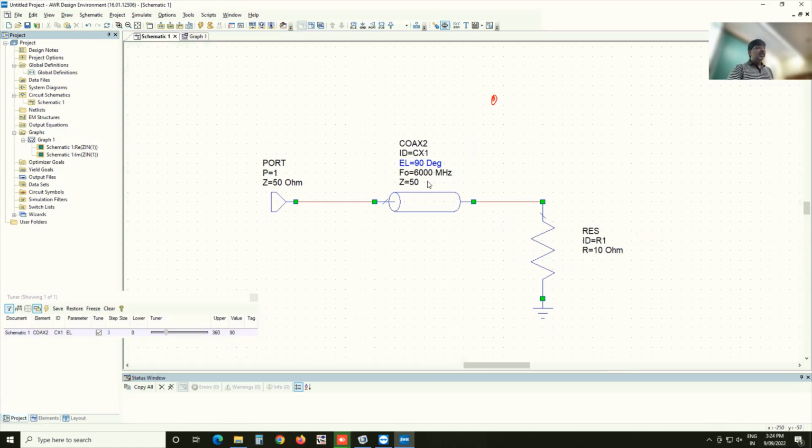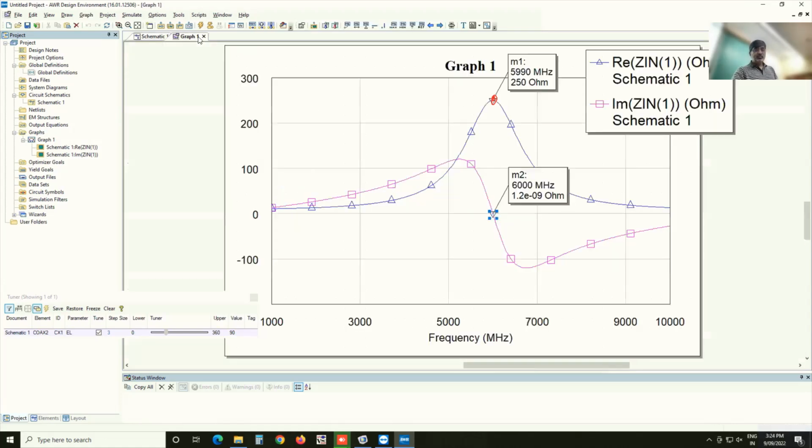So this actually means that it's a fixed physical length, and it's defined by saying it's 1/4 of a wavelength, 90 degrees at 6 gigahertz. Okay, and at that particular choice, the imaginary part of that new impedance, or the transformed impedance, goes to 0.